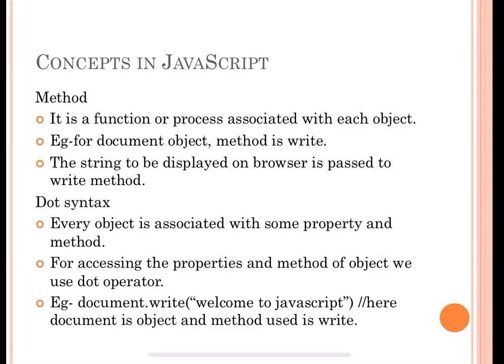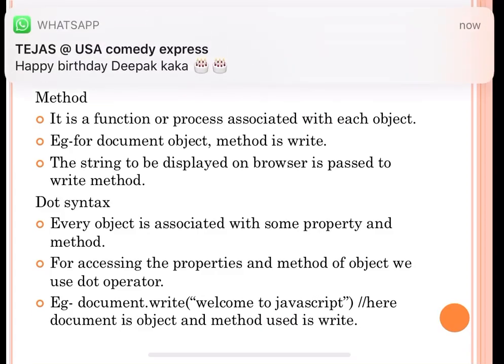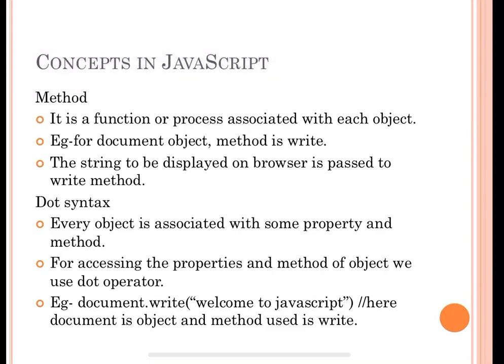Here document is your object, write is your method, and welcome to JavaScript is the string that you want to display on your browser. So with the help of the document.write method, we can display a string on your browser. Okay, so method and dot syntax is clear to you all.